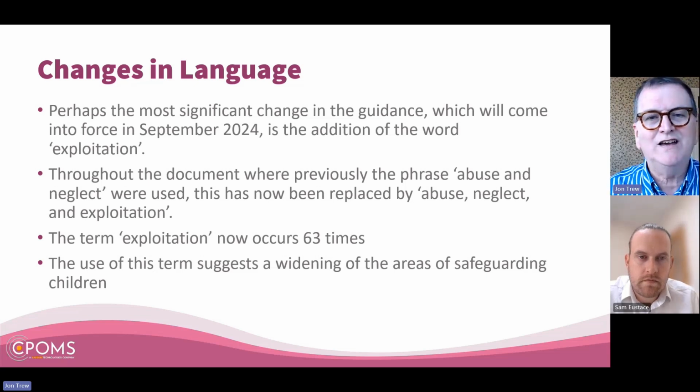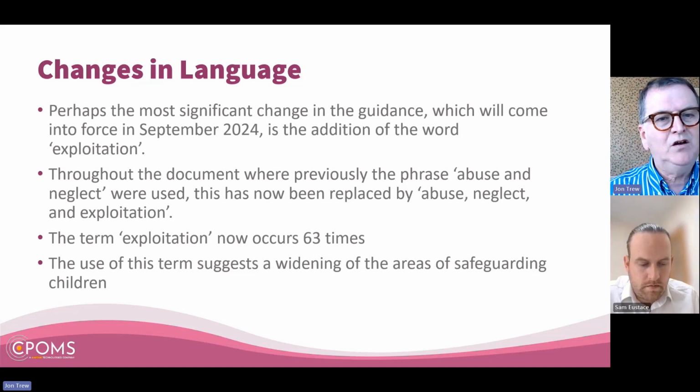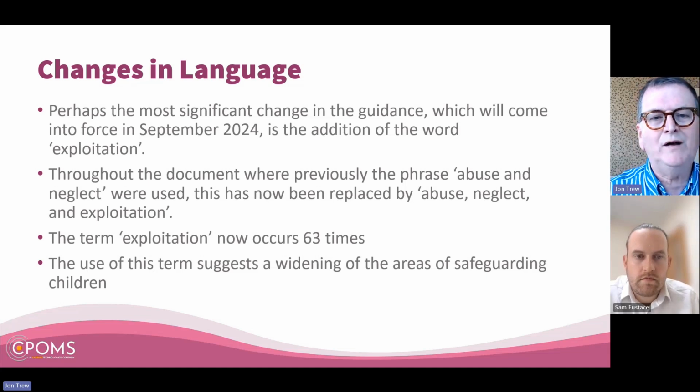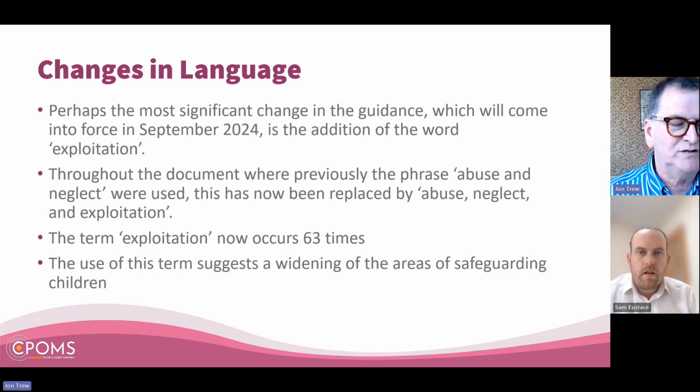It now occurs on an extra 10 occasions. And why this change is important is because where the phrase abuse and neglect was used, it's now being replaced by abuse, neglect and exploitation.